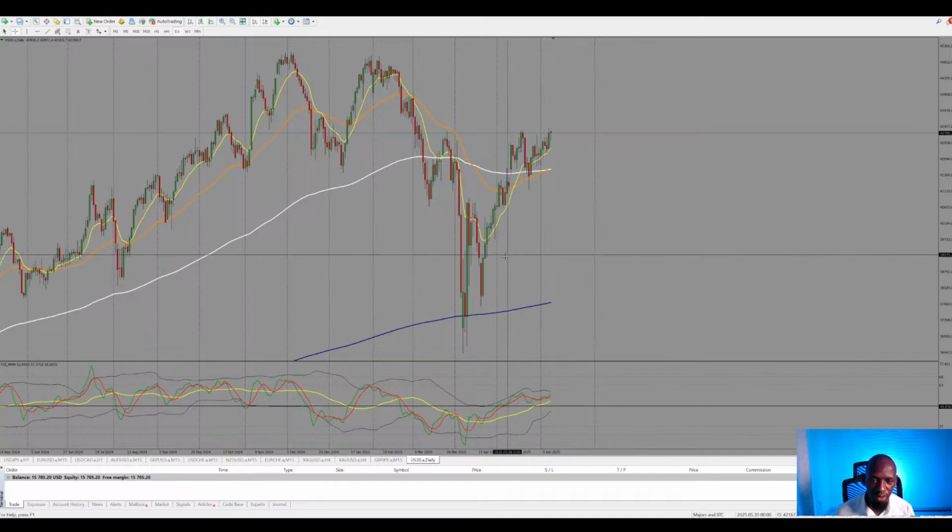And it looks very likely that this area might be tested eventually, or will be tested eventually. So far it's failed to break that. Okay, see, price is being rejected at that point.